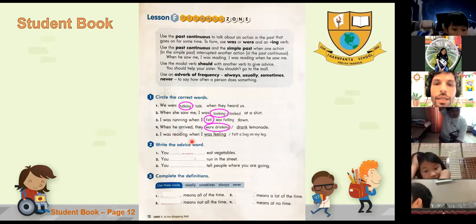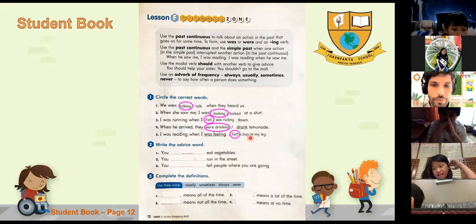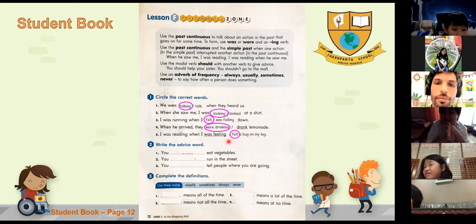Now we need a simple past verb to complete the sentence. So we have here the simple past tense of the verb feel. I was reading when I felt a bug on my leg. Felt is the irregular simple past of the verb feel.